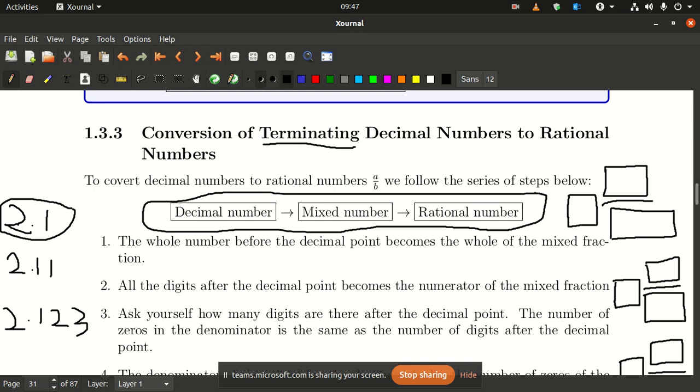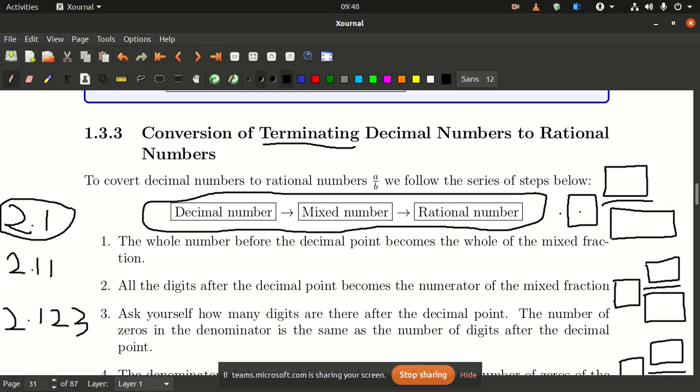So this number here is a decimal, and we want to convert it to a mixed number. A mixed number is a number of this kind: there is this portion here, which is the whole part, and then this portion over here, which is the numerator, and this one is the denominator.